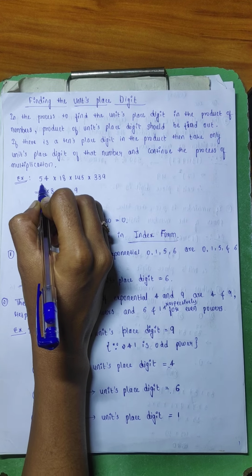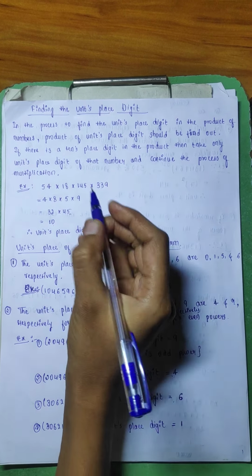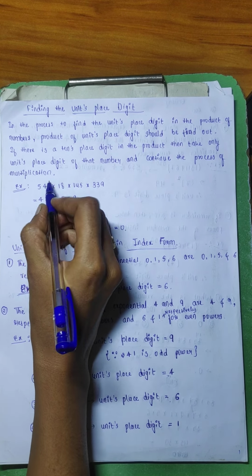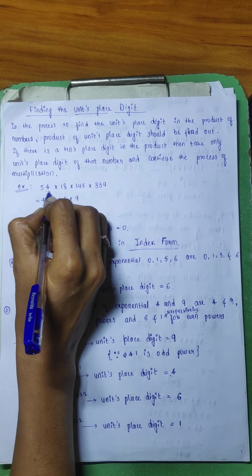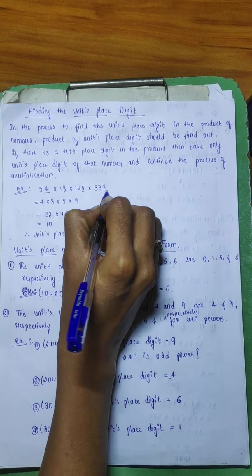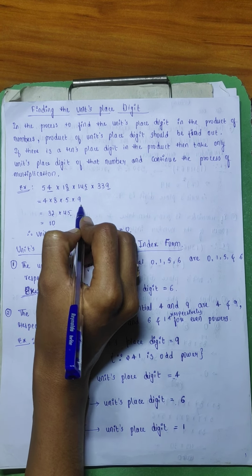If you are given these numbers to be multiplied, find out the units place digit. First, you have to multiply the units place values, that is 4 into 8 into 5 into 9.